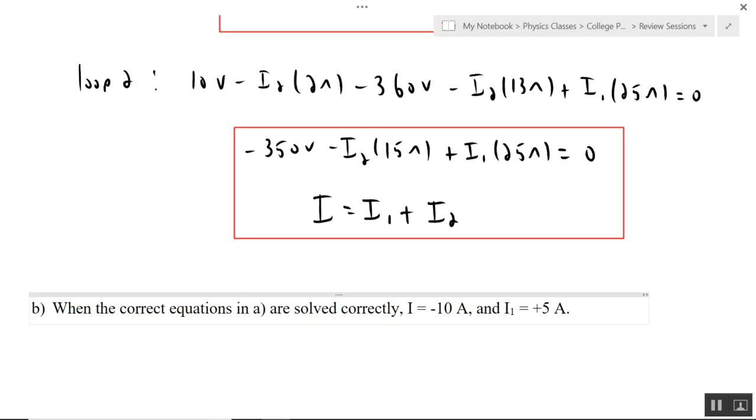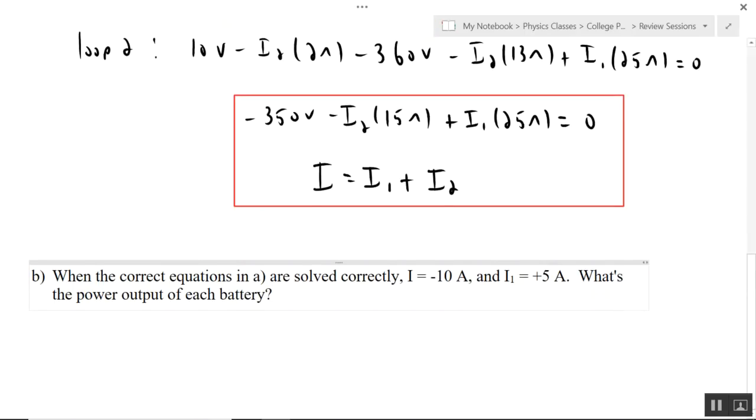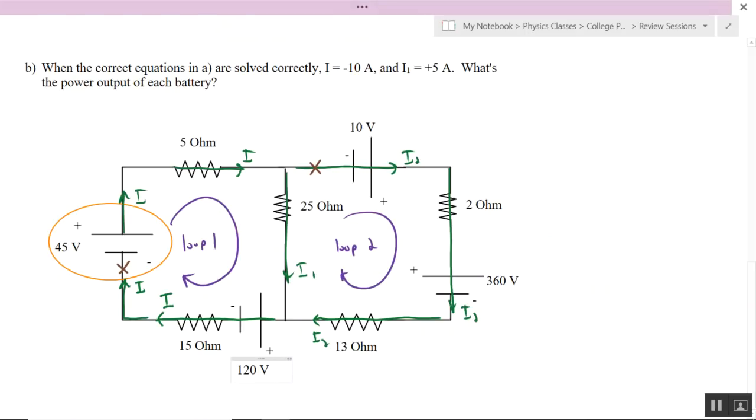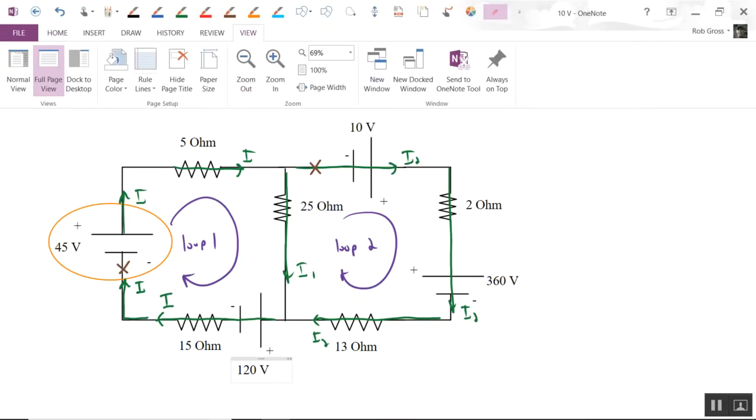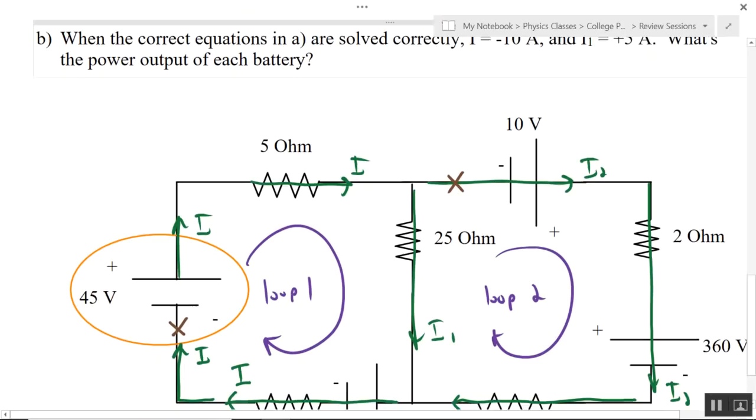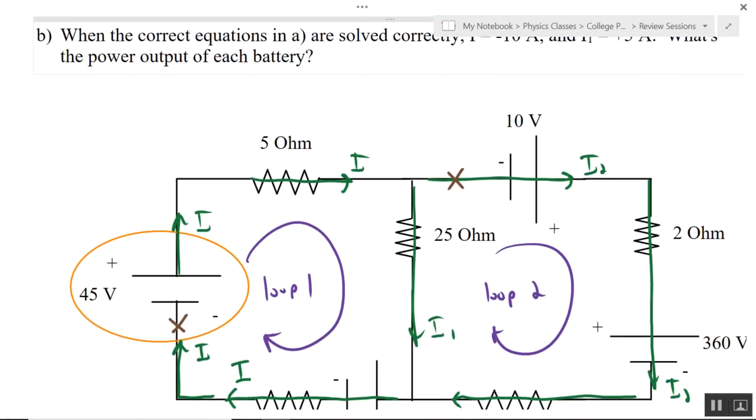Anyhow, so the question is, what's the power output of each battery? Okay, so try to figure that out. Let's see. Okay, so let me just see if anyone has correct answers for a couple batteries, random batteries.